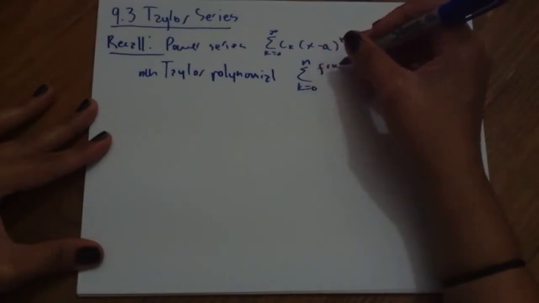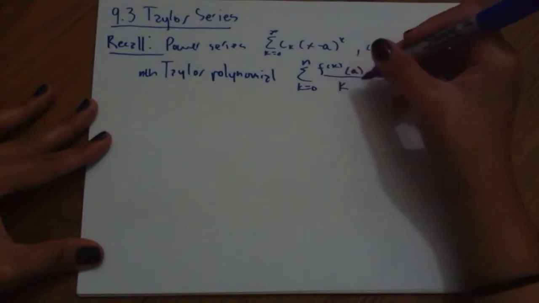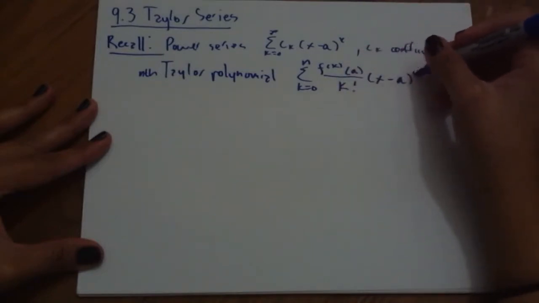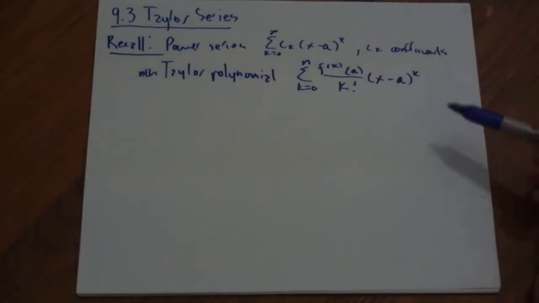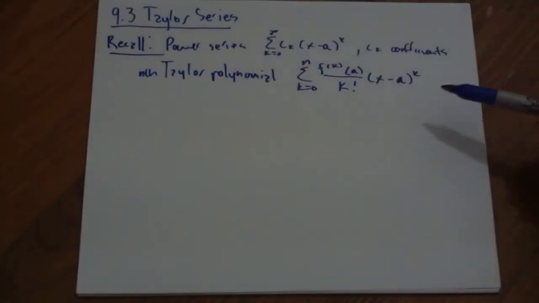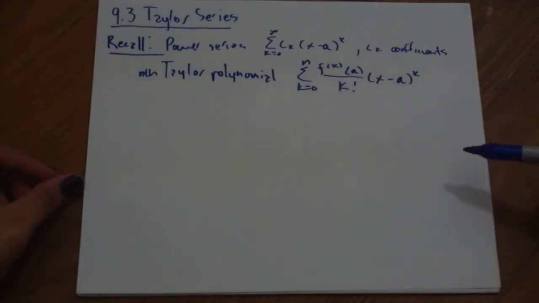You're taking the kth derivative of f at a over k factorial times (x minus a) to the k. Both of these are either a series or a polynomial. They're centered at a. So this a value is telling you where you're taking your series or your polynomial. For your polynomial, the n is telling you the degree, so where you stop.